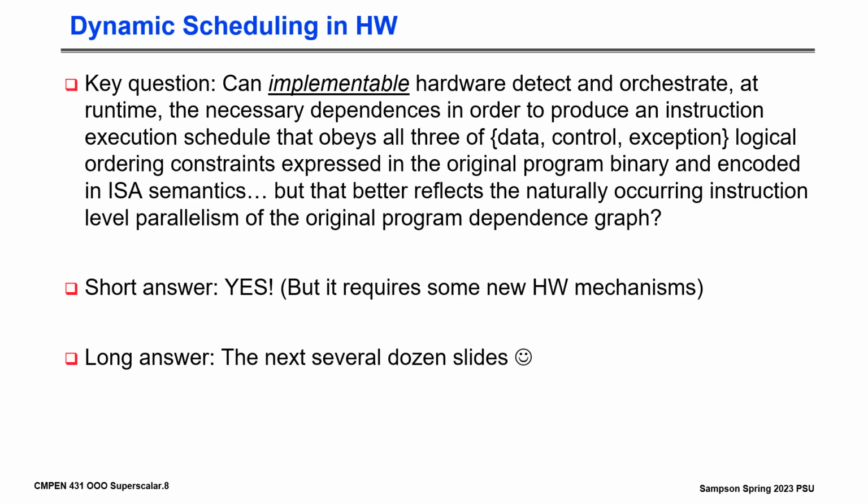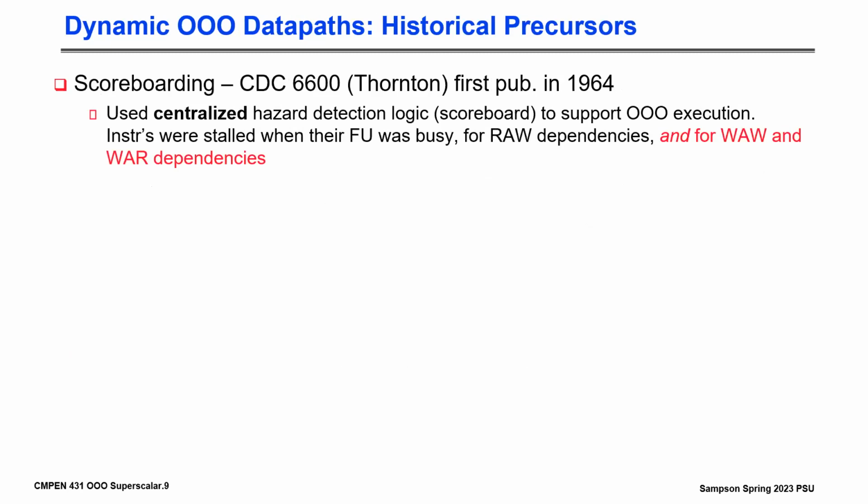So obviously, because we're going to talk about it for 2 weeks, the answer is yes. But there are going to be some details. We're going to try to not go too fast through this, and I want you to stop me whenever you have questions, because this really is different than what we've done before.